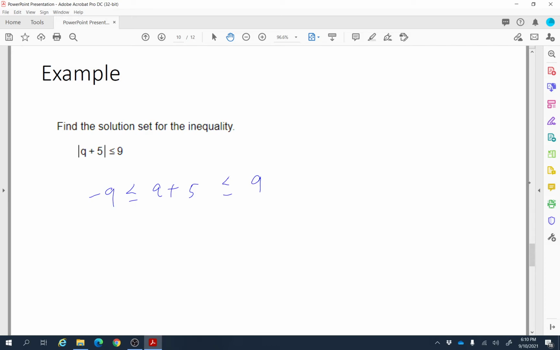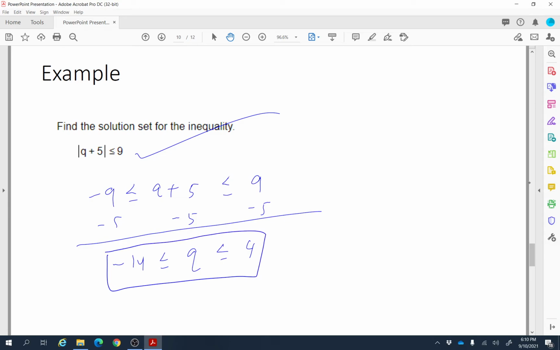So this is a compound inequality problem. To solve this, just subtract 5, then it gives you negative 14 is less than or equal to q is less than or equal to 4. So the solution would be negative 14 to positive 4, including both of them.